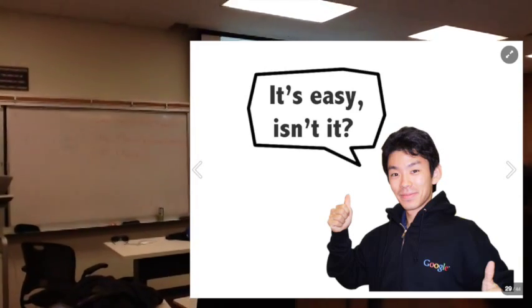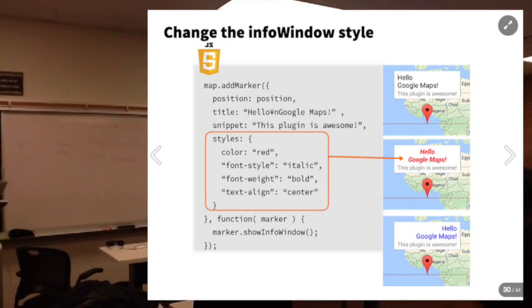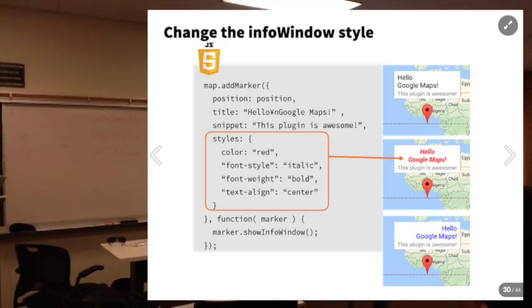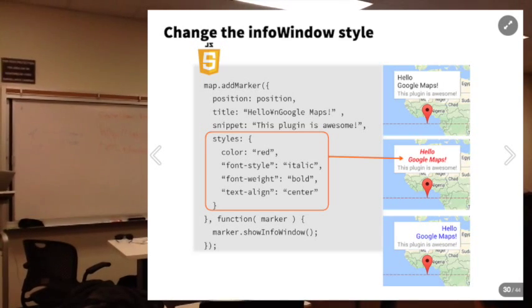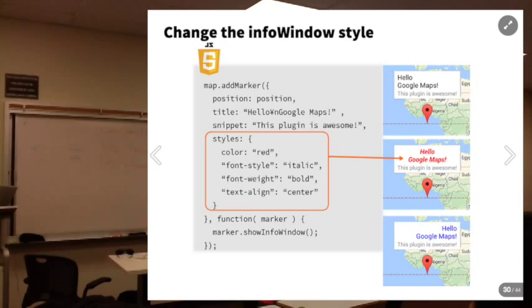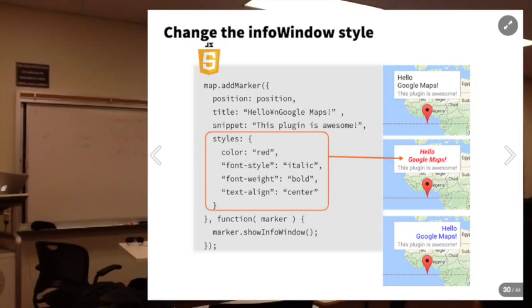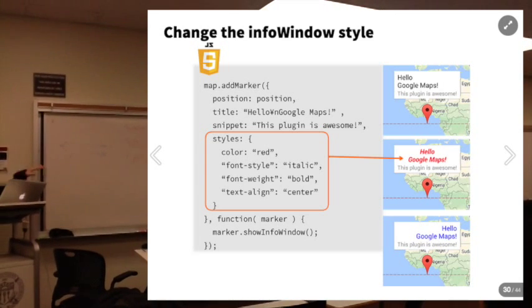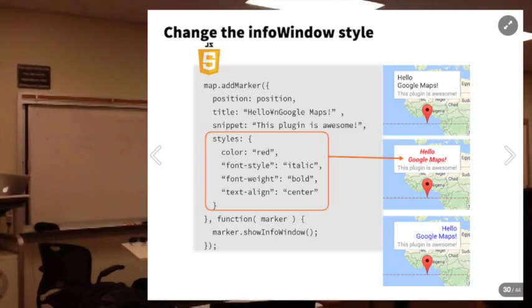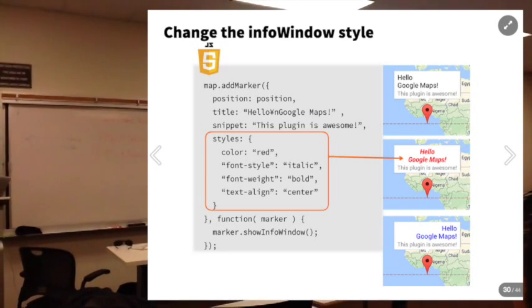Because I created my own info window, some CSS styles are accepted for the info window. This is only in this plugin. No other Google Maps library works like this.